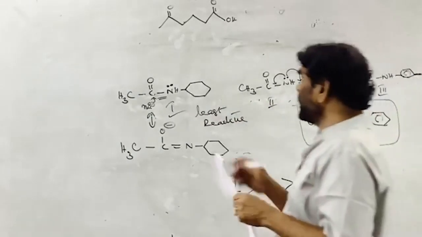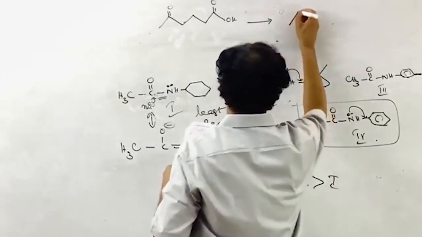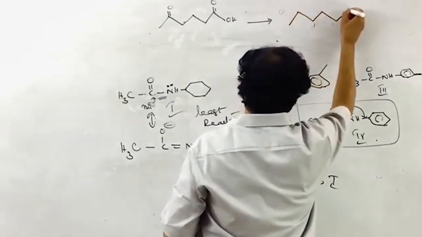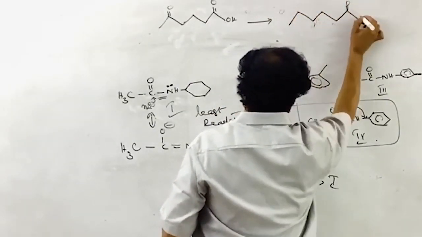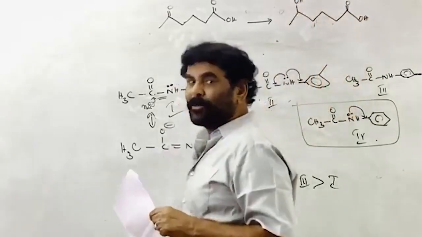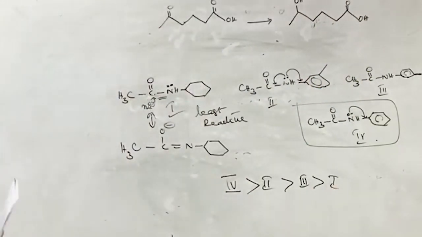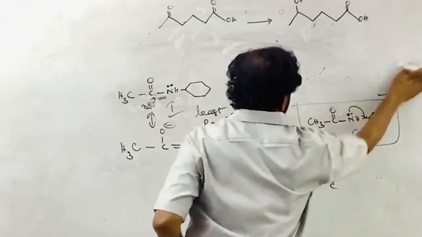Now this is treated with sodium borohydride, followed by H3O plus. You know the chemistry of sodium borohydride that we discussed in the class: it reduces carbonyl groups, aldehydes and ketones.